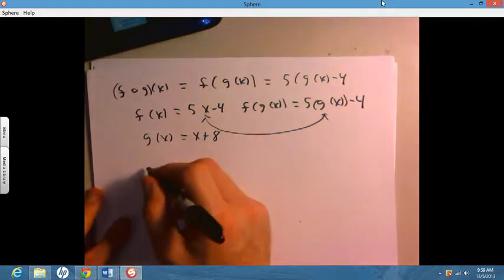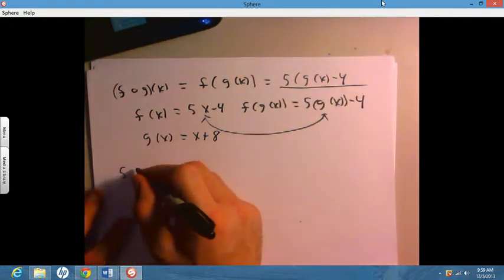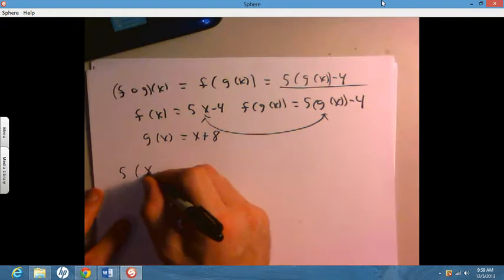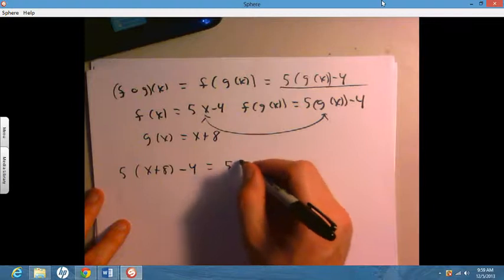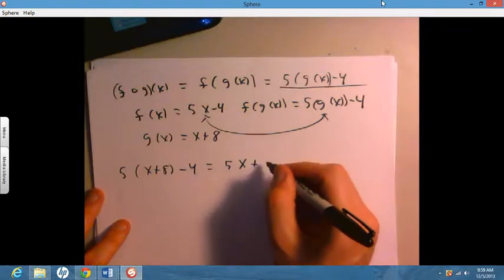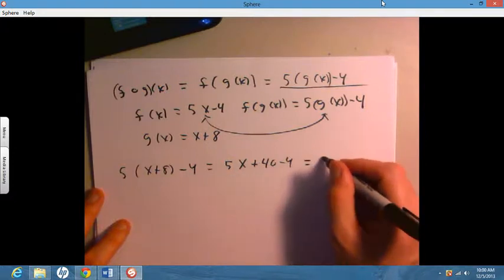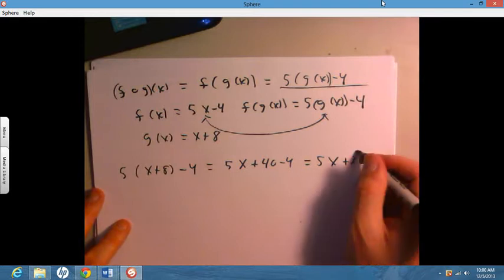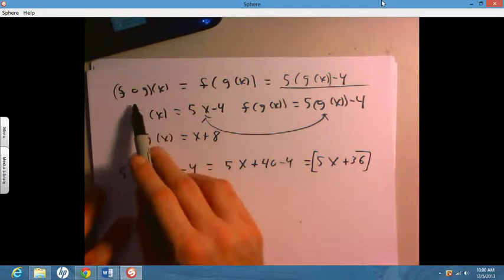So just continuing from this line, I'm going to replace g of x by x plus 8: 5 times x plus 8 minus 4 is equal to 5x, 8 times 5 is 40, minus 4. 40 minus 4 is 36, so this equals 5x plus 36. And that's my answer.